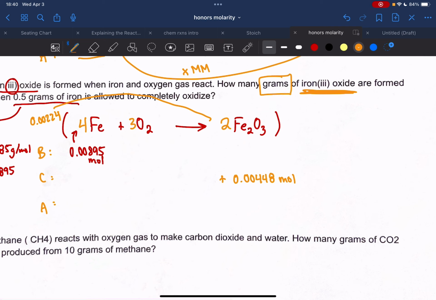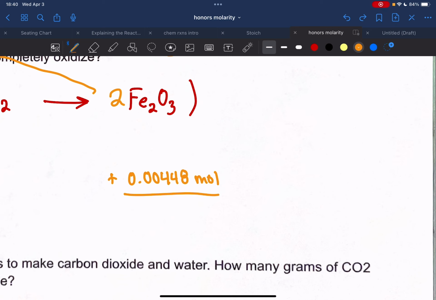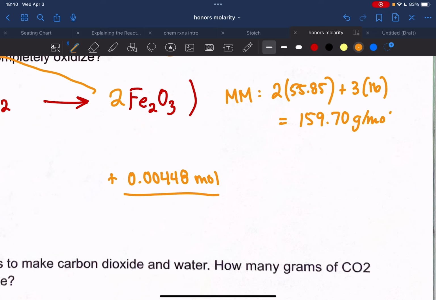Last step, I have to convert to grams here because that's what it's asking for. I got my answer in moles, but I got to convert to grams, which means I'm going to use the molar mass of Fe2O3. So the molar mass for that is going to be 2 times 55.85 and 3 times 16 for my 3 oxygens. And this gets me 159.70 grams per mole.